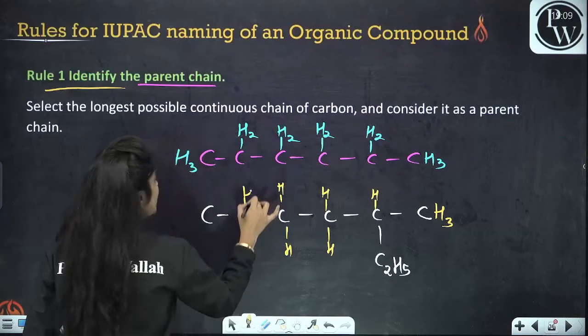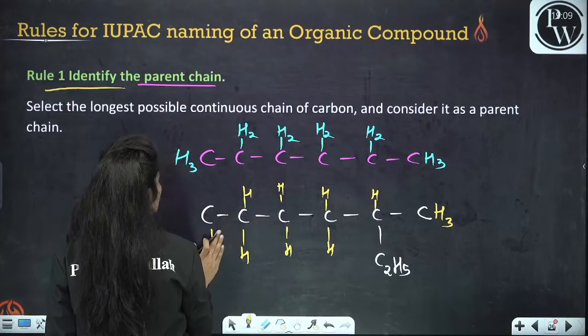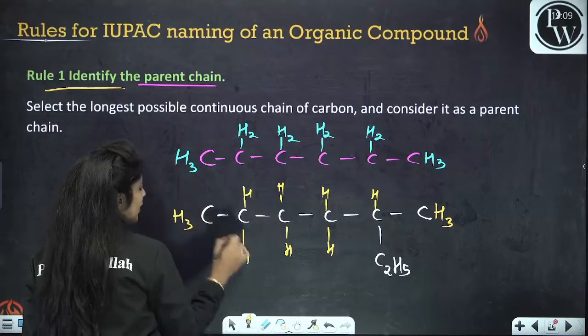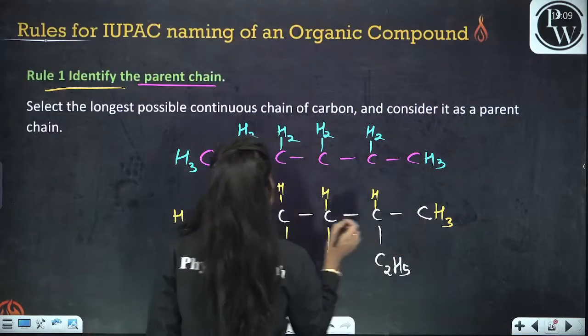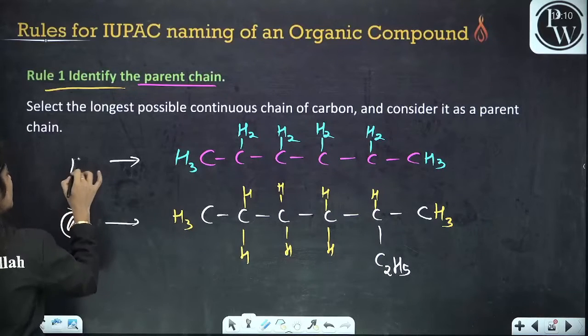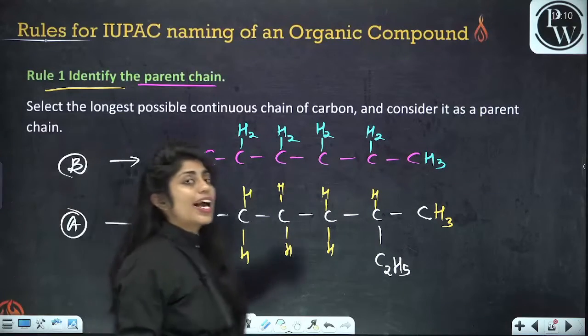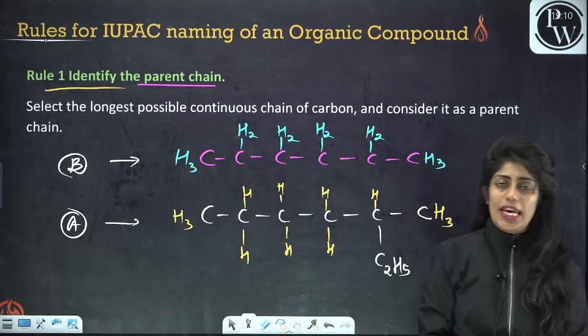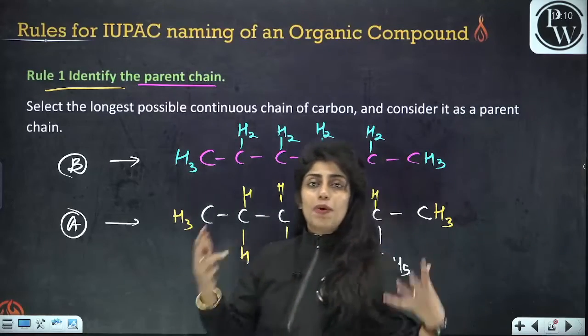You need to find out the longest chain. There are two compounds, 1 and 2. Can you tell me, A and B, out of these, which one has the larger chain and where?